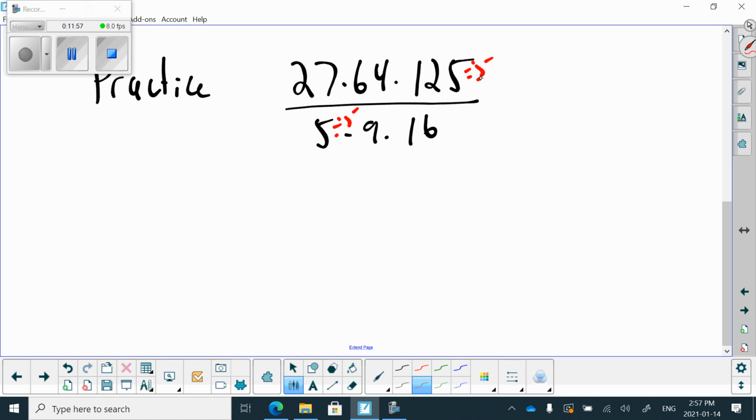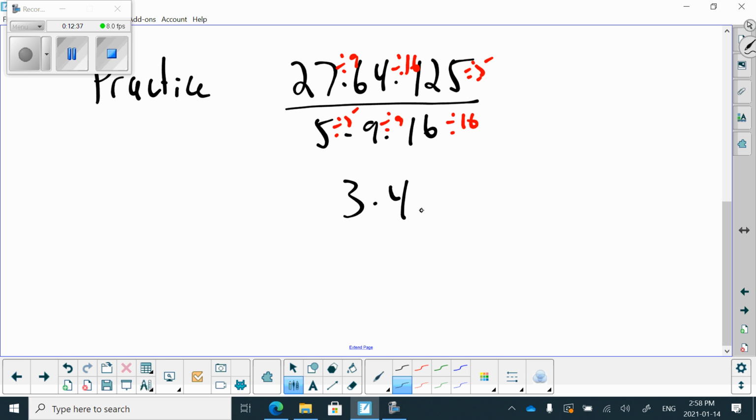This 9, I'm going to work across here. What would that go into? 27, for sure. And 16. Does 16 go into 64 evenly? Yes, it does. And then, since we're so good at dividing, 27 divided by 9 is 3. And 64 divided by 16 is 4.